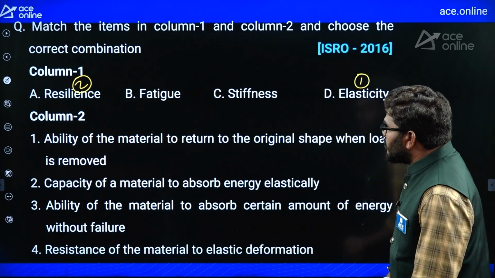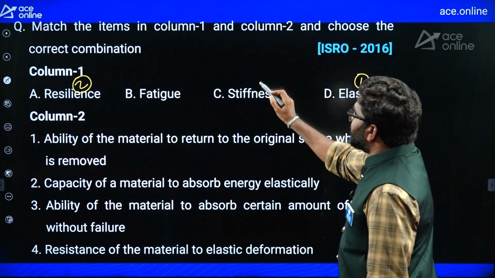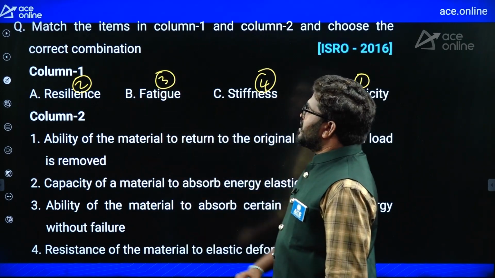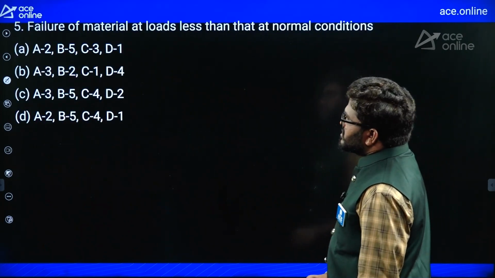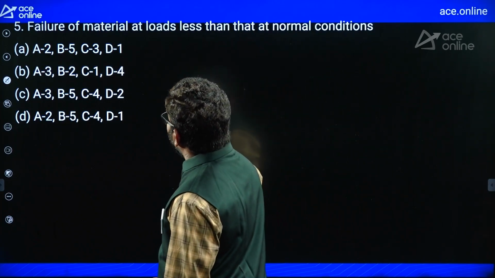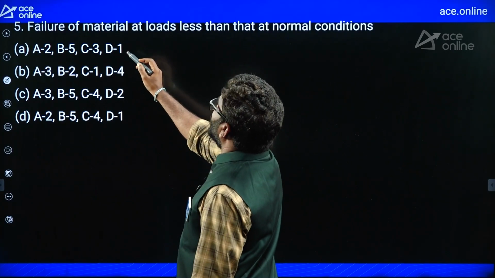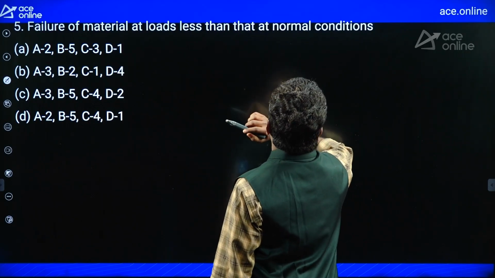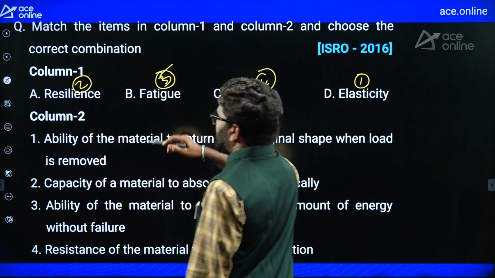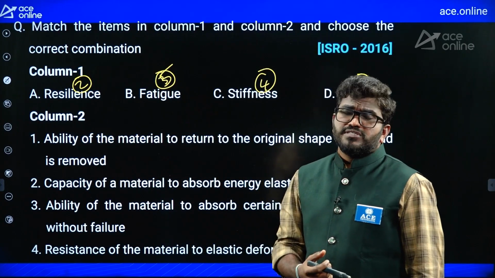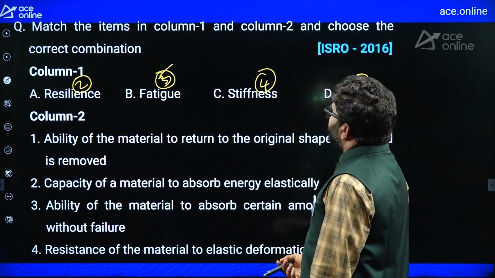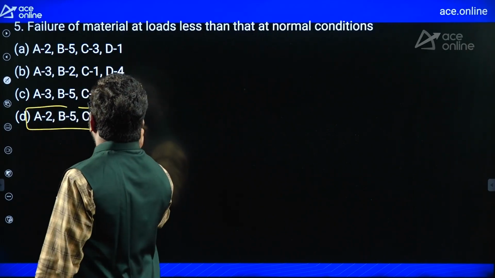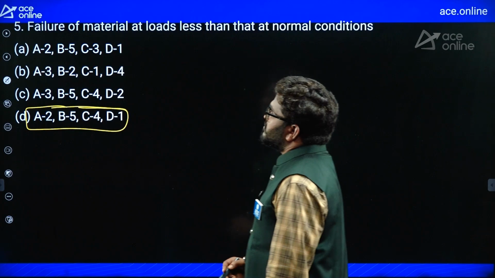Resistance of the material to elastic deformation, stiffness. Okay, I forgot: failure of material at loads less than the normal condition, you can take this as 5. Fatigue is a type of failure due to dynamic loads, fatigue loads, right? So 2, 5, 4, 1. D is the correct answer for this question.